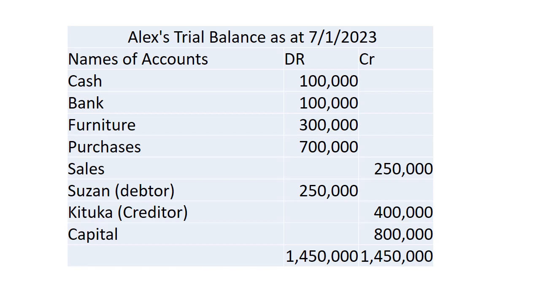Sales, 250,000. Susanna, Kituka the creditor, capital, etc. At the end of the day, you make a total of each column. We found that the debit side must be equal to the credit side, and it is 1,450,000 for the debit, and the same on the credit side.